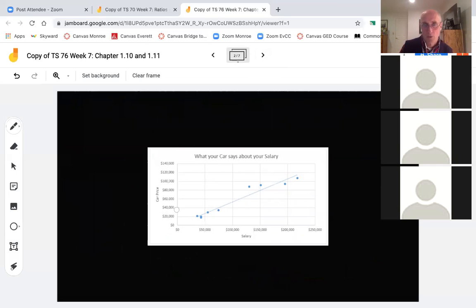Now I can tell you right off the bat that I am way cheaper than this in whatever salary I make. I always get used cars. But you'll notice that you've got these dots, they're kind of scattered, and they represent data points.